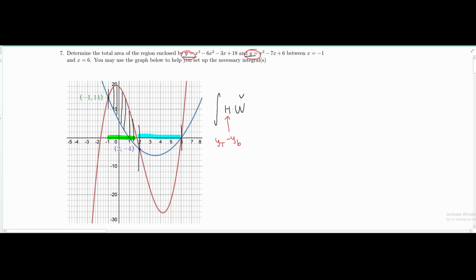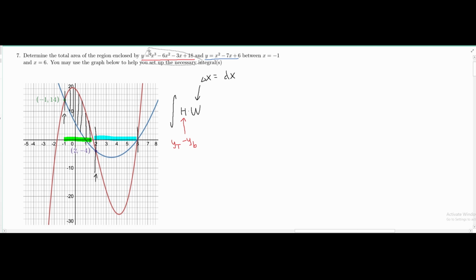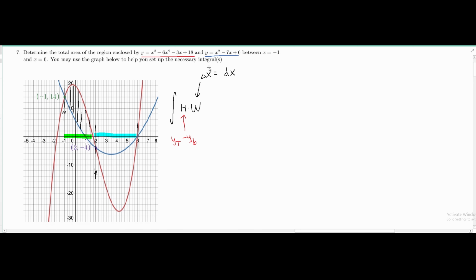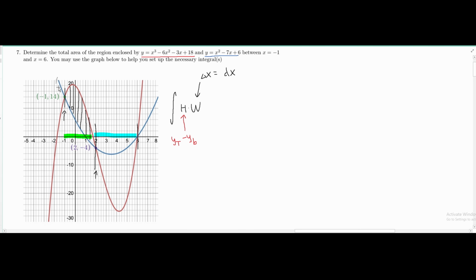And then for the width, it's just going to be the change in x. Since we are moving along the x-axis, this can also be written as dx. After graphing both of these, I was able to figure out that this one right here is going to be our red line, so I marked it in red, and this one is going to be our blue line, so I marked it in blue, respectively.